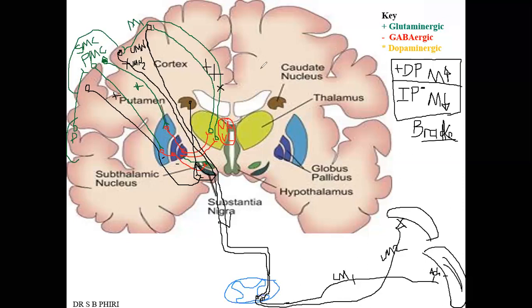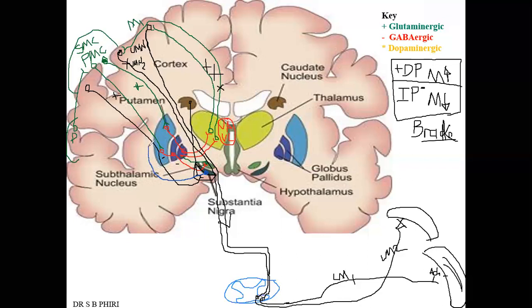So let me just use a different shade. So we have from the pars compacta, we have a neuron, which is a dopaminergic neuron that is innervating the corpus striatum.